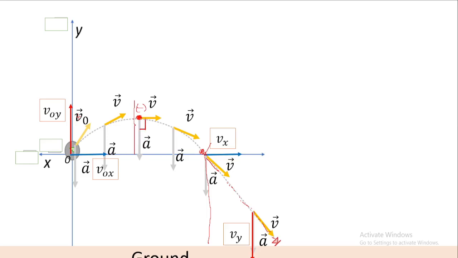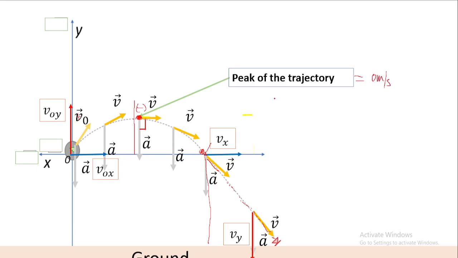That's why it starts curving. That's the peak of the trajectory. At that point in time, the velocity of the projectile is equivalent to 0 meters per second. When you draw a perpendicular line from that peak to the ground, that's also the height of the object away from the ground.